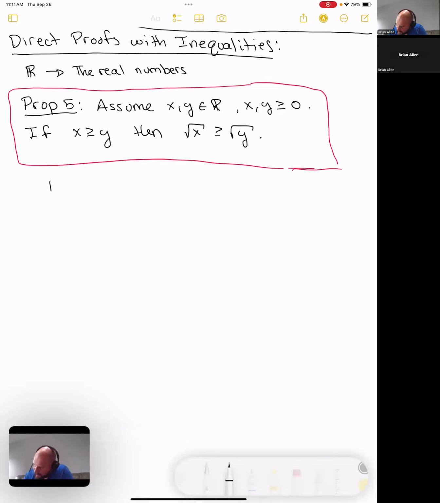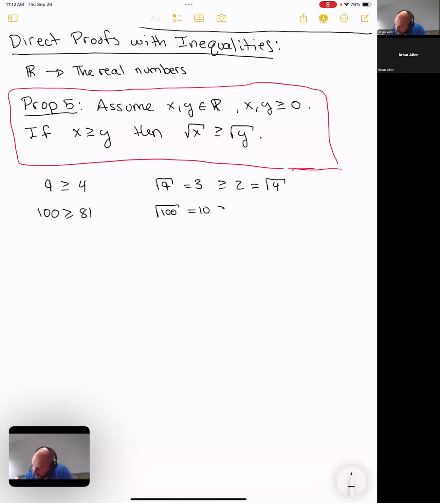For instance, if we start with 9, which of course is bigger than 4, then the square root of 9 is 3, and that's bigger than 2, which is the square root of 4. And just to play again, if I take 100, which is bigger than or equal to 81, then the square root of 100 is 10, and that's bigger than 9, which is the square root of 81.